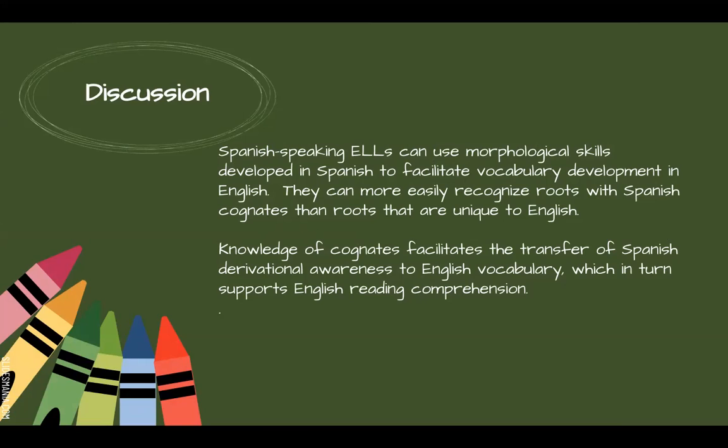Indeed, their ability to use those morphological skills facilitated their vocabulary development. They can more easily recognize roots with Spanish cognates than roots that are unique to English. And of course, knowledge of cognates facilitated the transfer of Spanish derivational awareness to English vocabulary, which in turn supports English reading comprehension. So it all scaffolds upon each other.